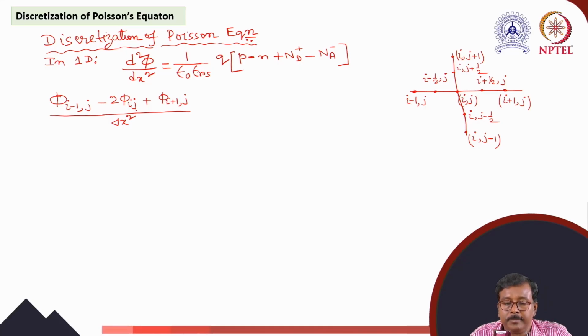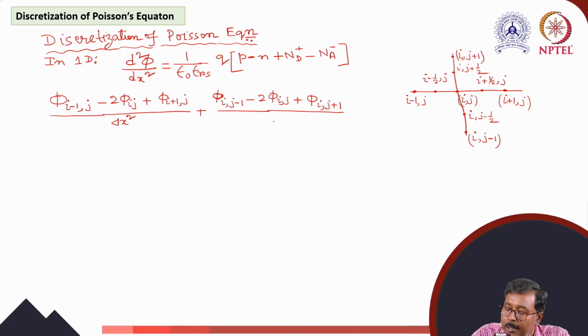Plus phi I j minus 1 minus twice phi I comma j plus phi I j plus 1 divided by delta y square.